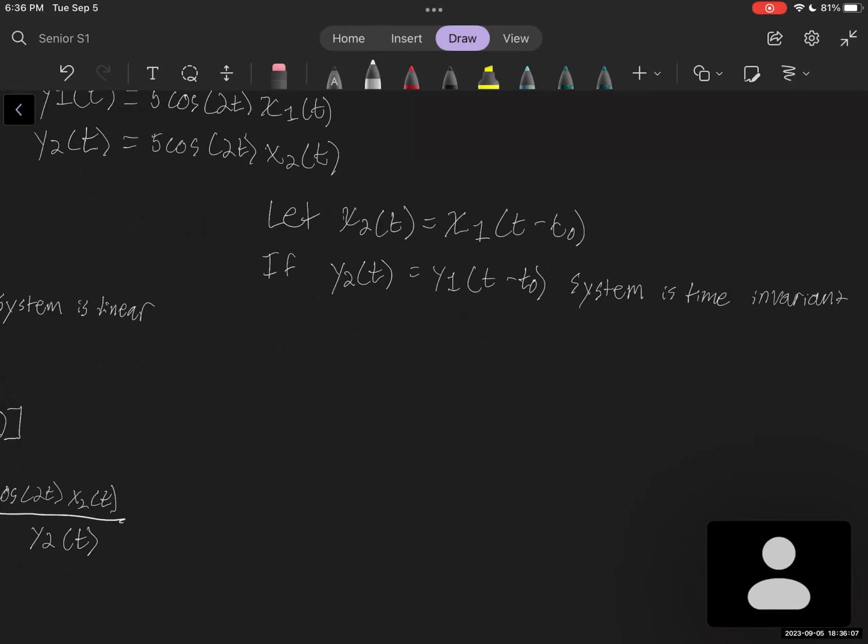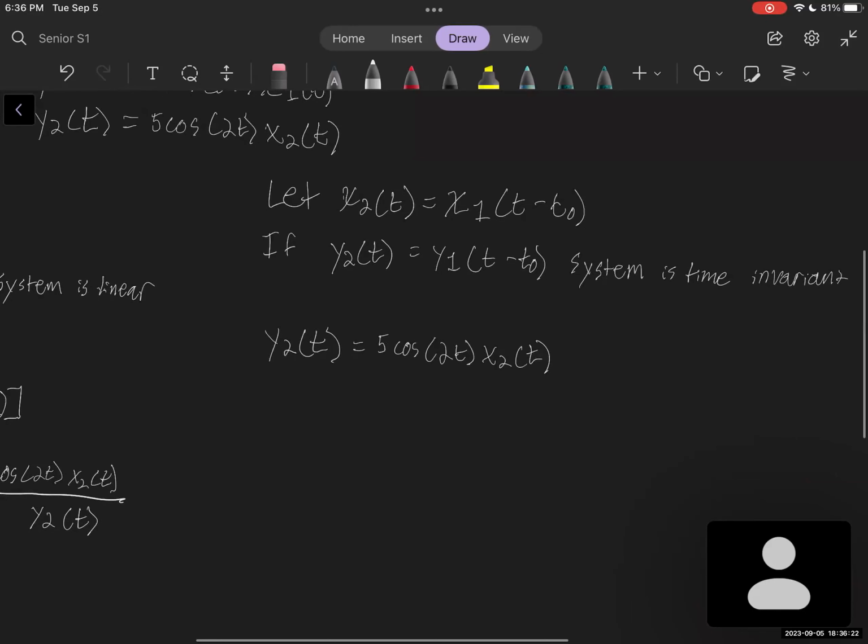So we know that our y2 of t is equal to 5 cosine of 2t x2 of t. And we just defined that x2 of t is equal to x1 of t minus t naught.